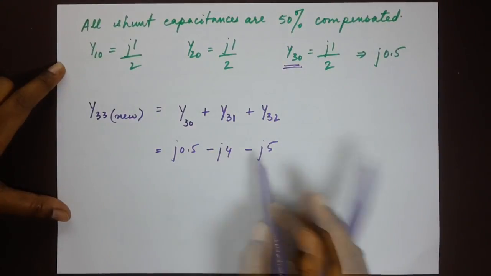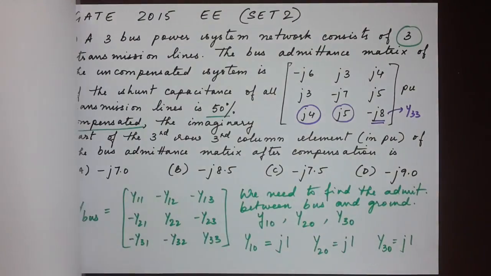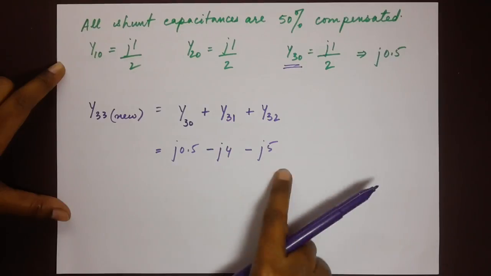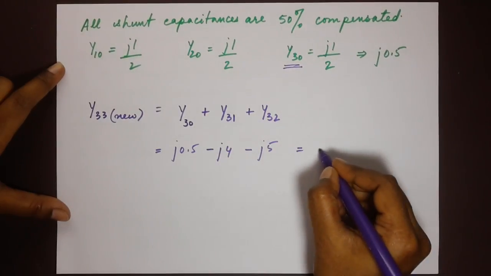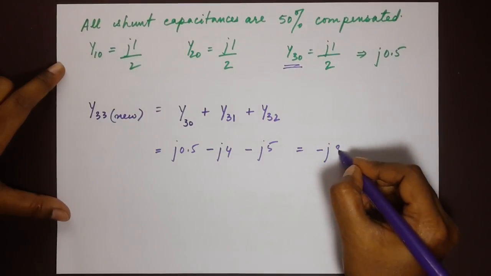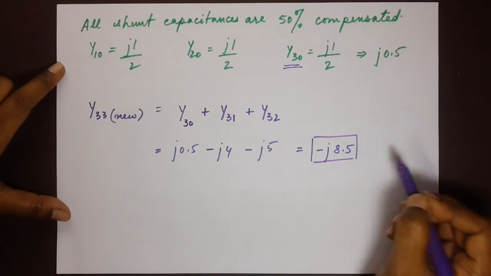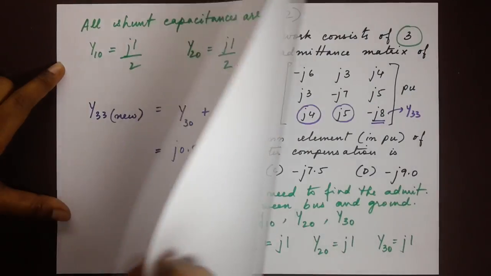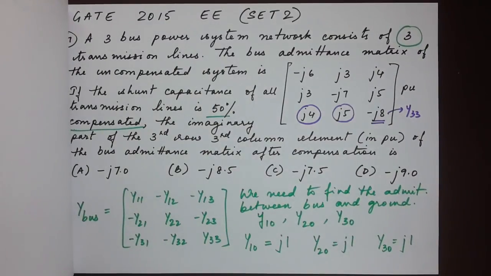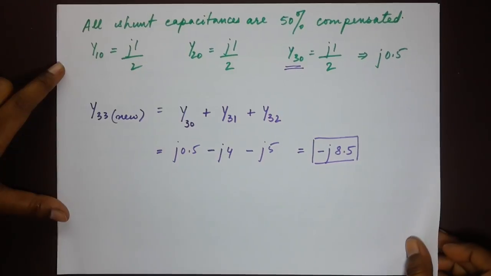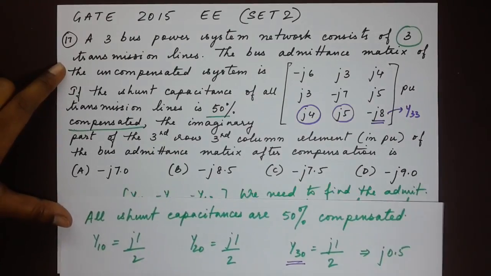It depends on the standard Y bus that we have drawn down there. Now if we solve this, we get minus j8.5. So this is the imaginary part of the third row and third column. So minus j8.5 matches option B.